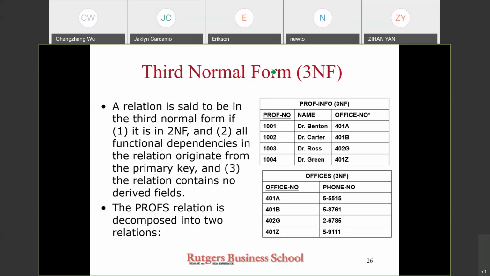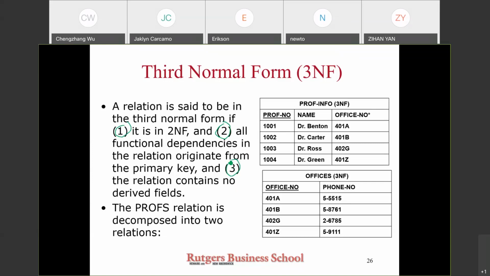We can say that a relation is in third normal form if, first, it is in second normal form. Second, all functional dependencies in the relation originate from the primary key.